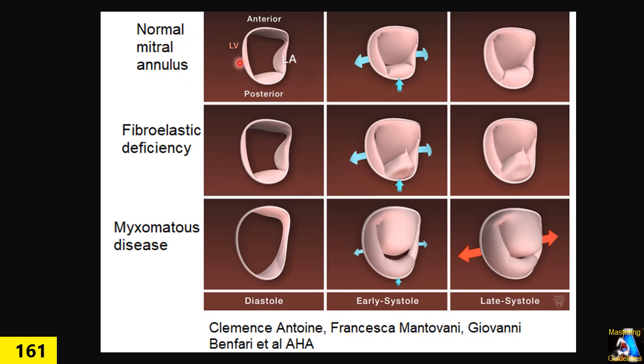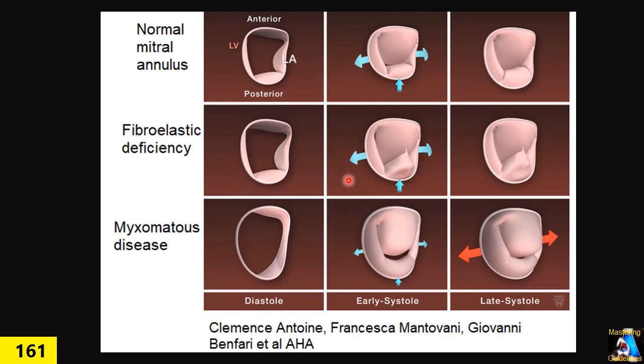As you can see in the normal, during diastole and early and late systole, the annulus moves more laterally and pulls more toward the commissure, but in fibroelastic deficiency and myxomatous disease, or Barlow disease, it is different from the normal and from each other.